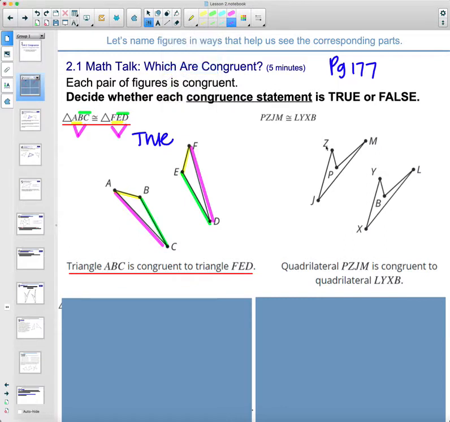So first they do PZ, and then they do LY. Okay, LY isn't even a side of this quadrilateral. So this one is a false congruent statement. It went totally out of order here. It didn't even give you a side of this quadrilateral.